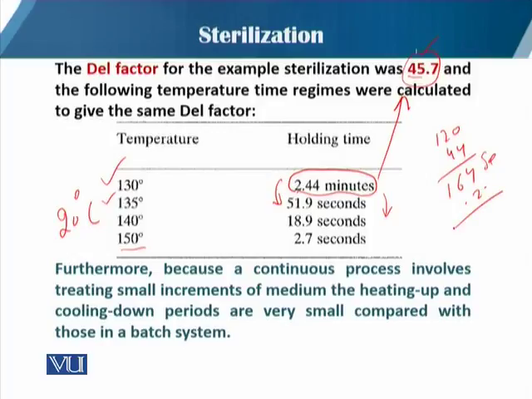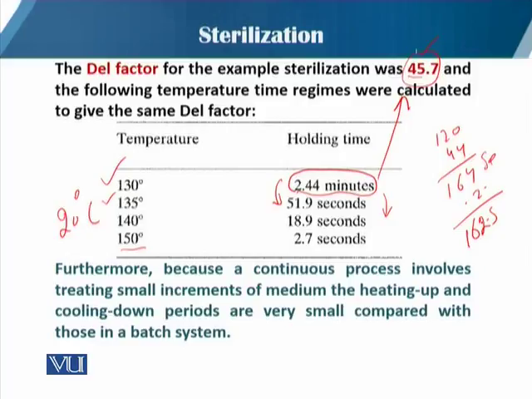So just by increasing the temperature from 130 to 150 degrees Celsius, the holding time reduces by about 162 seconds. Furthermore, because the continuous process involves treating small increments of the medium, the heating up and cooling down periods are very small compared with those of the batch system. So there is less decay of nutrients in continuous mode.